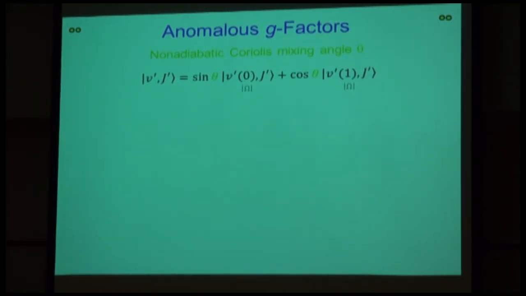We can parameterize this mixing between the two potentials by some angle theta, this Coriolis mixing angle. So we can write each vibrational and rotational level near the asymptote as the sum of sine theta times the level with Omega of 0 and cosine theta times the state with Omega of 1.